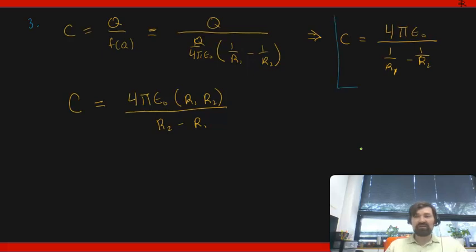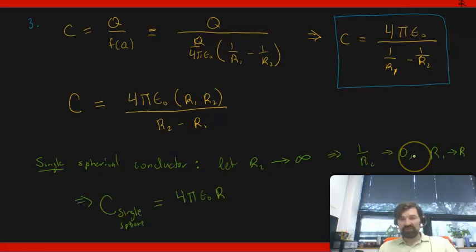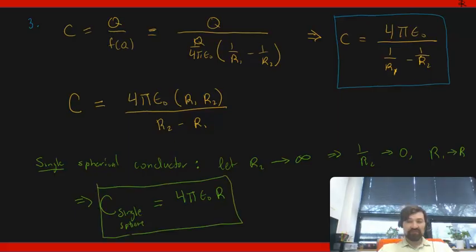I'm actually going to leave it in this form though, because there's one other thing we could do, which is what would be the capacitance of a single sphere. In that case, R2 goes to infinity, so 1 over R2 goes to 0, leaving 4 pi epsilon naught R1. So that gives us the capacitance for a single conducting sphere.